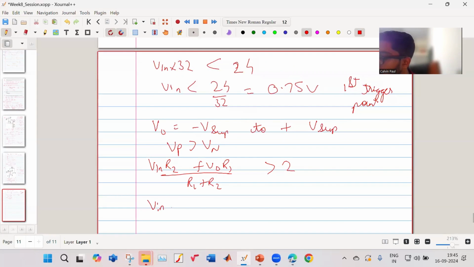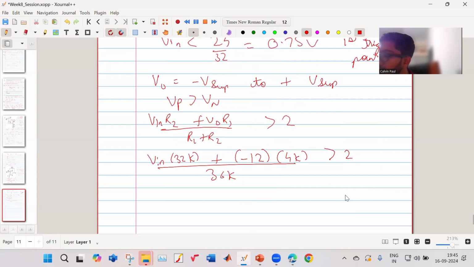So your VN into 32K plus V output was minus V supply, so minus 12 into 4K upon 36K should be greater than 2. So K and K get cancelled again. So V input into 32 minus 48 should be greater than 72. So V input into 32 should be greater than 48 plus 72 is 120.